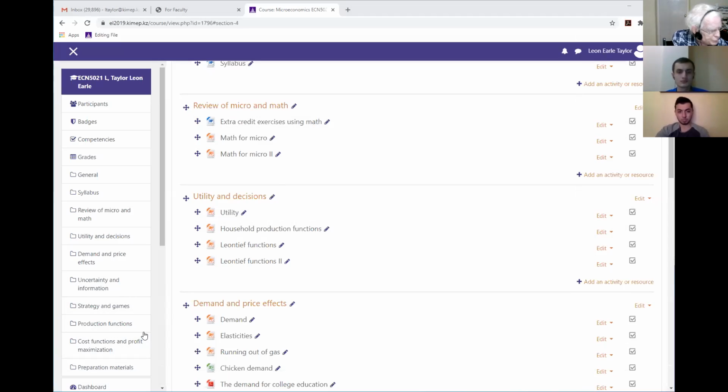The utility function is x to the power 1/3 times y to the power 2/3.